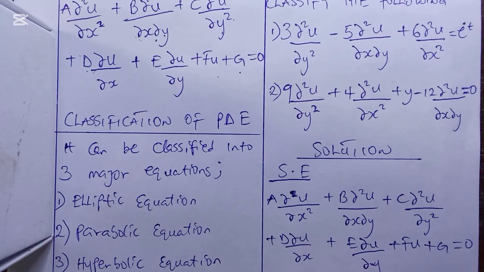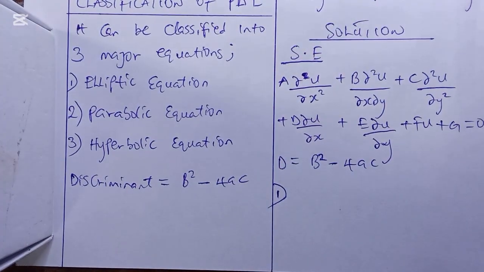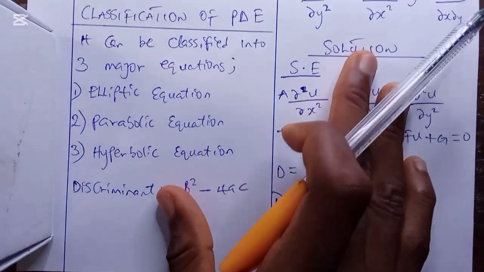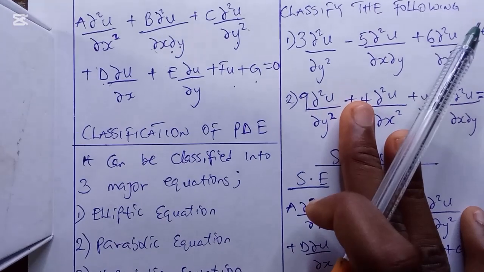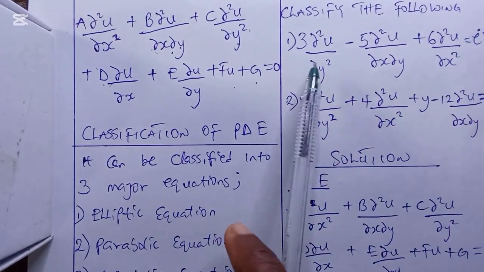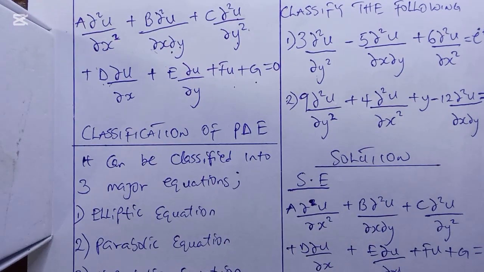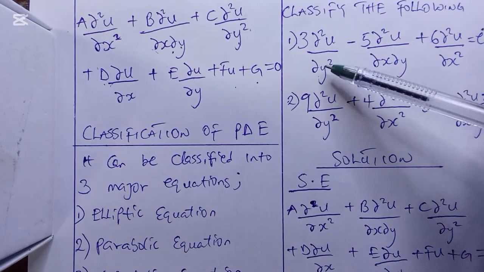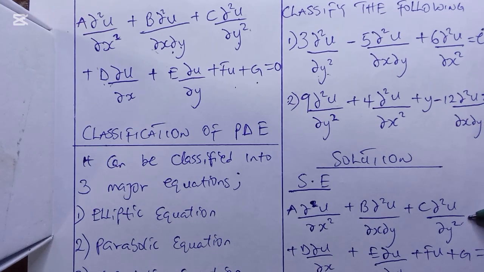So our first question, question 1. Question 1 says 3 partial square u over partial y square. If you compare our question 1 with our standard equation, you can say that partial square u over partial y square is c from our standard equation.